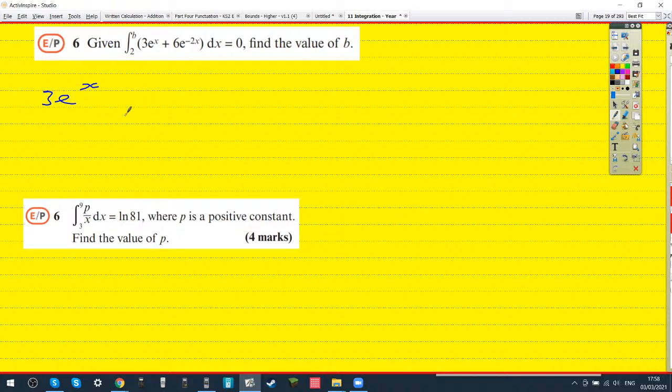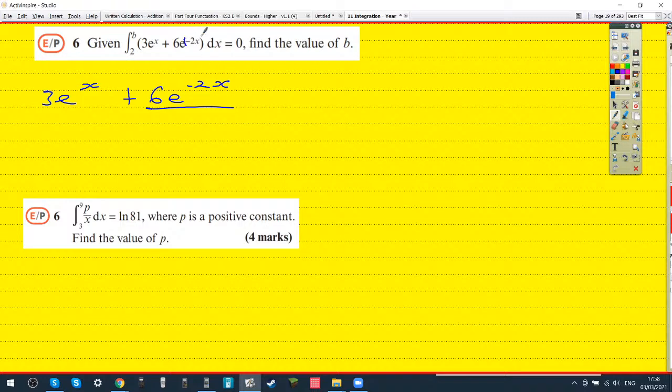Plus 6e to the minus 2x divided by the derivative of the function inside the function.